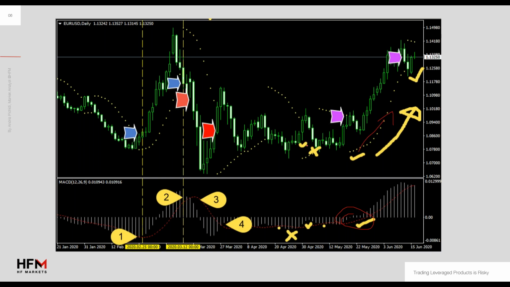I put some X's over here. Why? Because I want to show you what to avoid. What to avoid is your parabolic SAR or your price action coming in contrast with your indicator. Over here, for example, the histogram lines were below the signal line, so there wasn't any crossover.